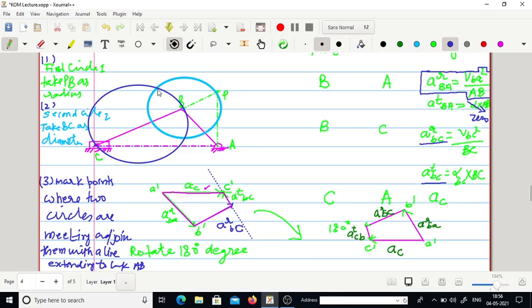So first mark the points. This is one point, this is another point. Now join these two points with the help of a straight line and extend that line to link AC.